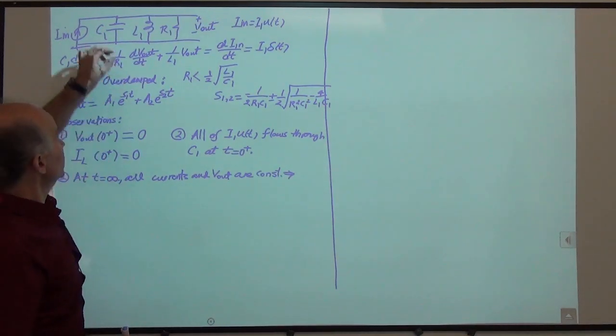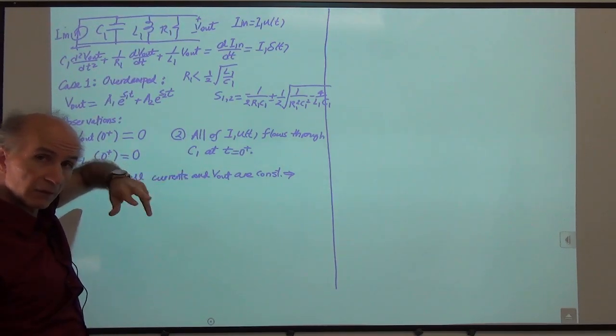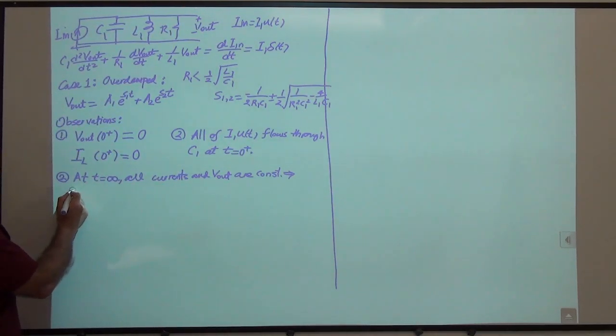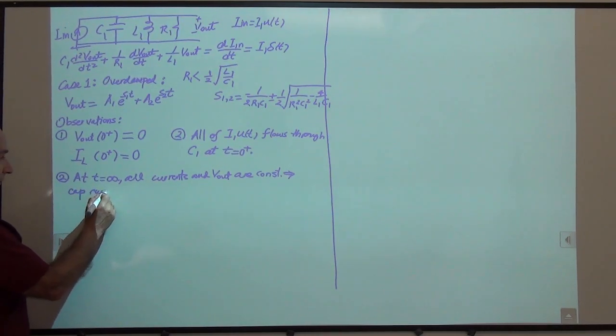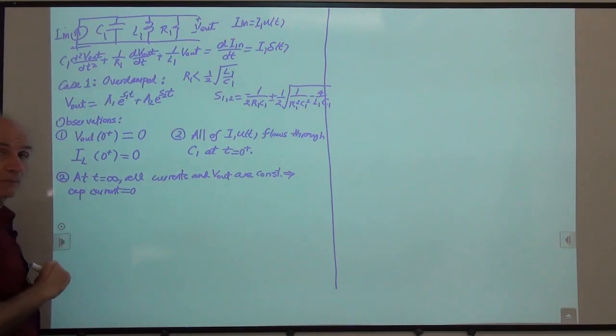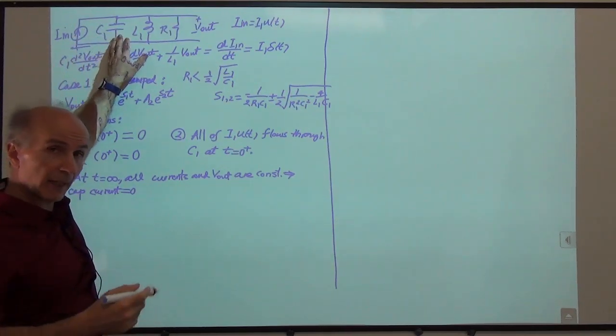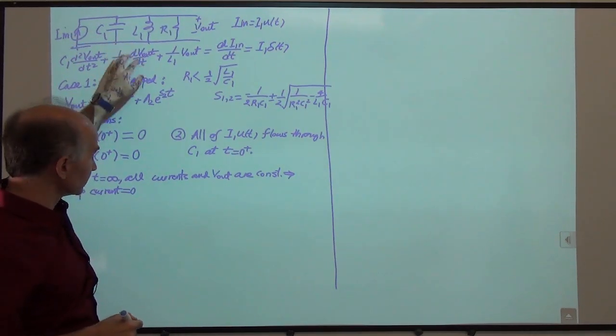So if the voltage across the capacitor is constant, the current through it is 0, right? C dV over dt. So that means cap current is 0. Okay, so at time infinity, this current is coming in, it cannot go through the cap. The cap is an open circuit, remember that?